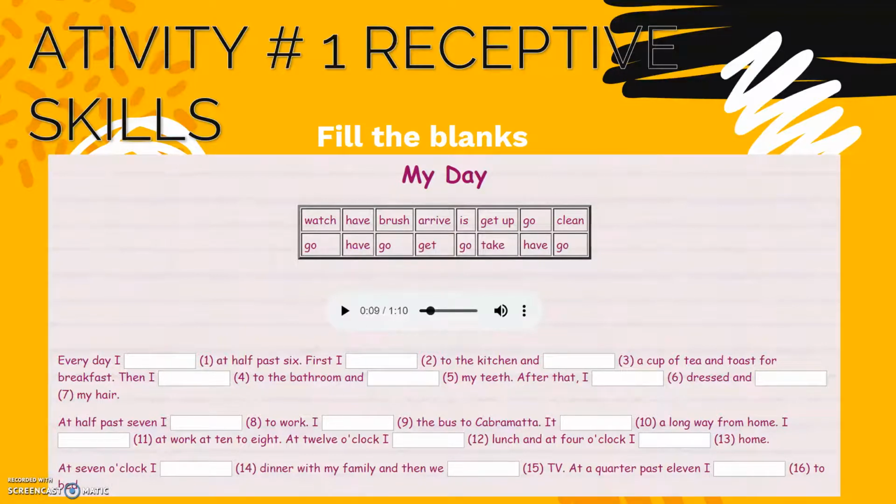This activity will take us a considerable time, because first we have to listen to the audio, and then we will ask the students to try to read, follow the reading, and then we will ask the students if they don't understand a word.